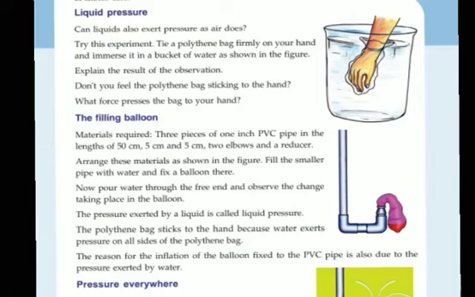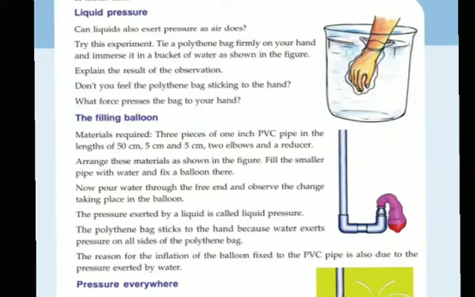What can you see from the picture? Yes, you can see that a hand is tied to a polythene bag and it is immersed in a bucket of water. So when you do this, what happens?